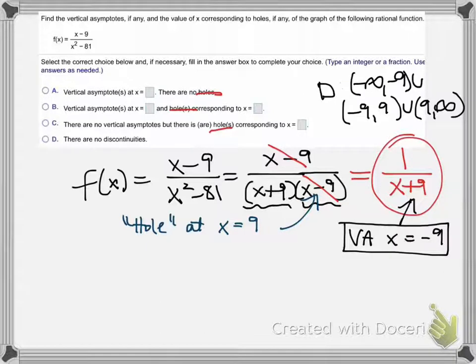And I'm going to do a really rough sketch here of what the graph looks like. We've got our xy axis. Okay. So let's say out here is x equals negative 9. So there's a vertical asymptote at x equals negative 9.